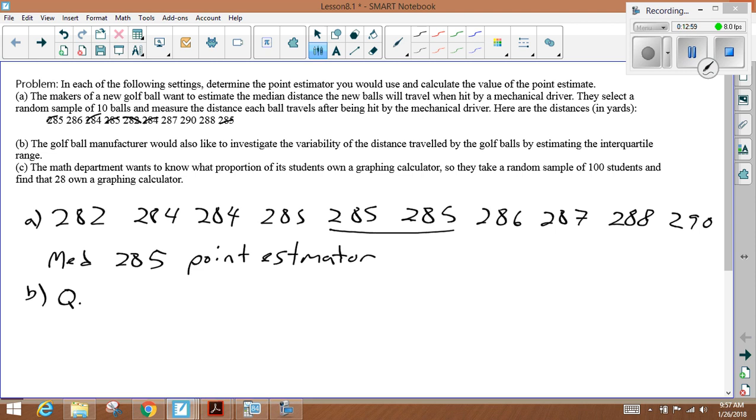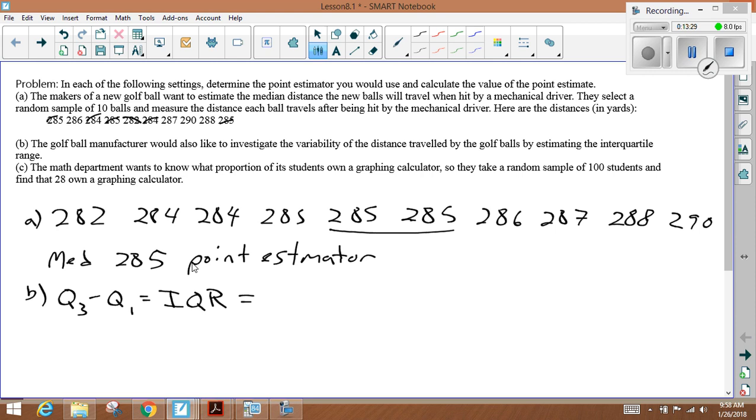We're going to go quartile 3 minus quartile 1 equals IQR. It's 287 minus 284, which is 3. Oh, well, careful. No, that's for outliers. 1.5 IQR is for outliers. IQR is just quartile 3 minus quartile 1.